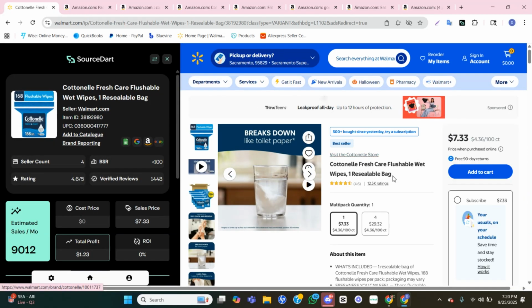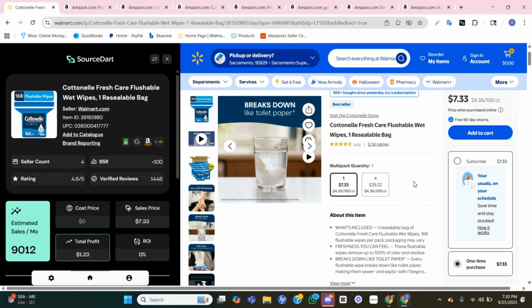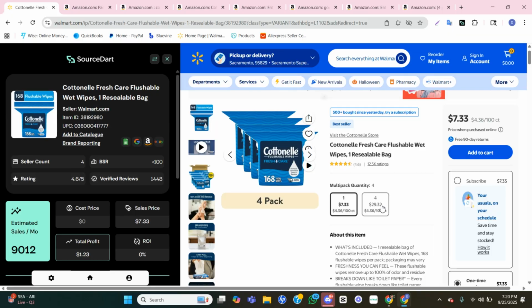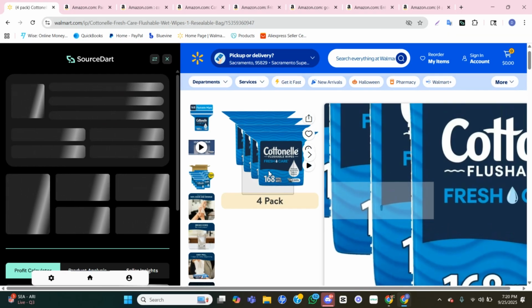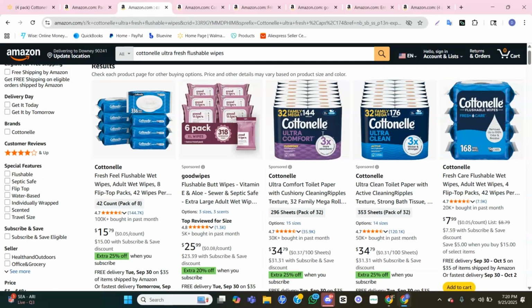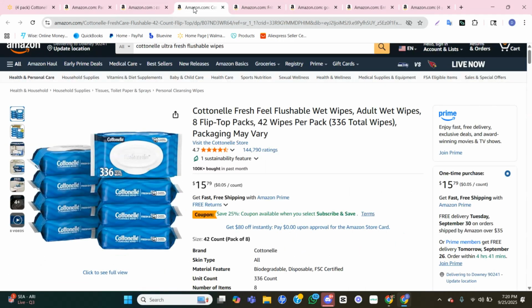Okay, let me see. So this one, 168. So this one is 336. So I will buy this and then divide it into two because we're going to retail this. So instead of pack of 8, we're going to sell this on Walmart as a pack of 4.